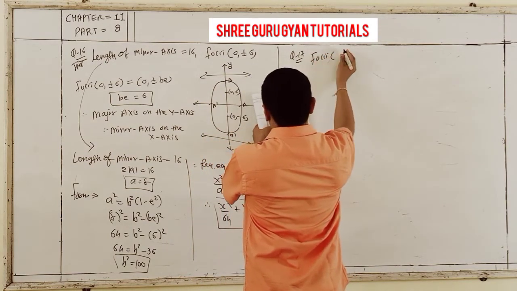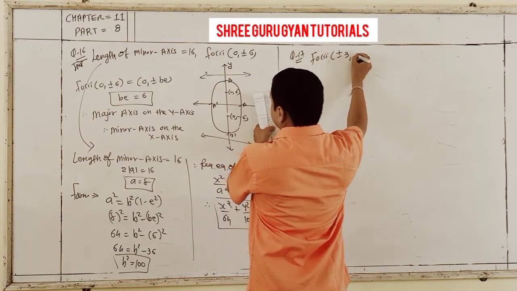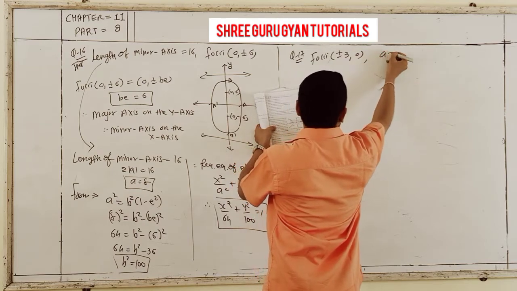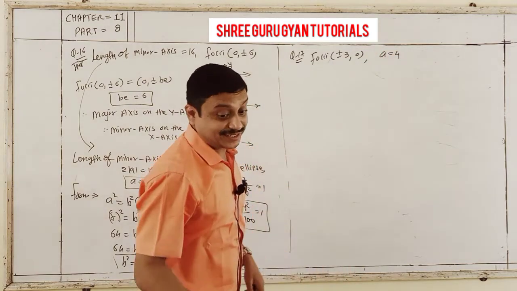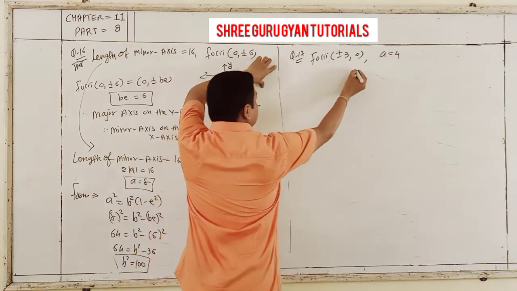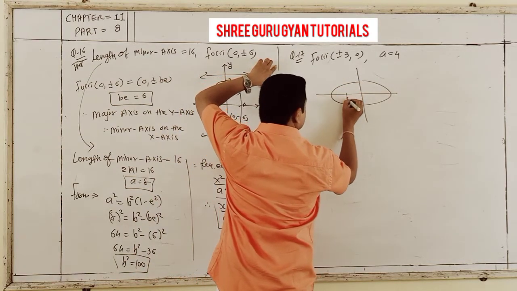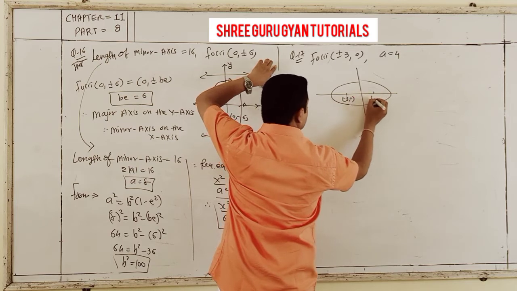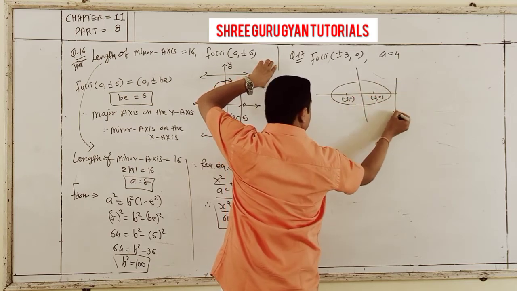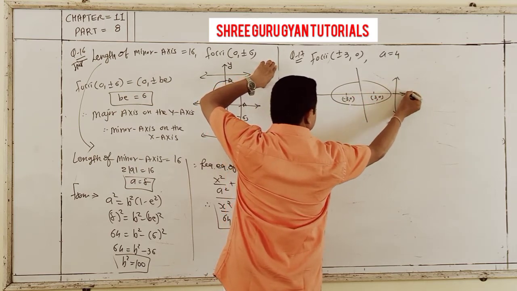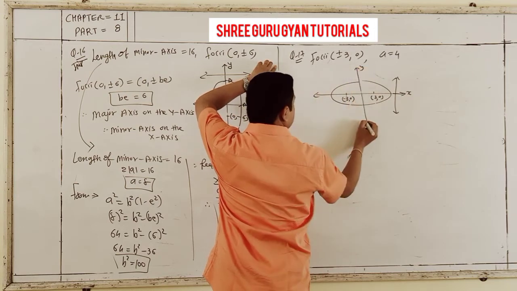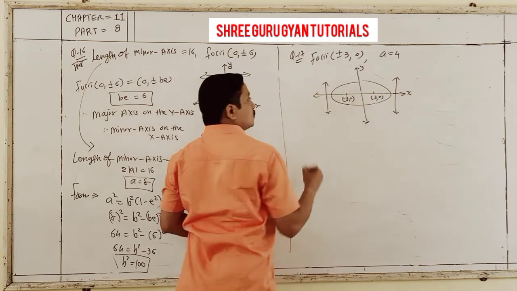The foci are (±3, 0), but a becomes 4 on the x-axis as given. So students, my drawing is this: on the x-axis, (-3, 0) and (3, 0), that is the x-axis and the y-axis. Simple.